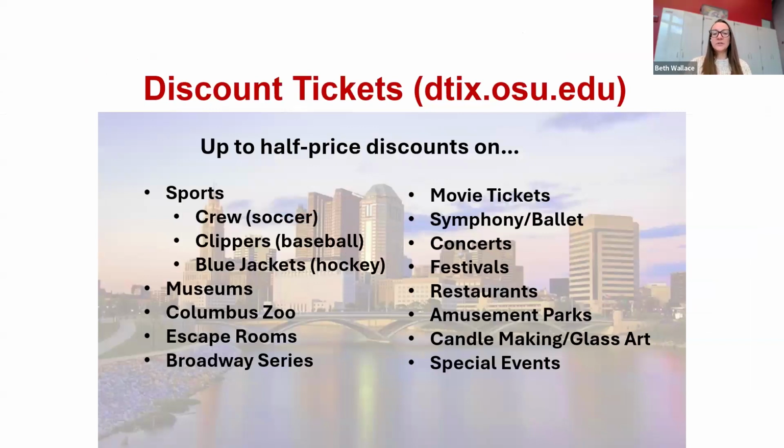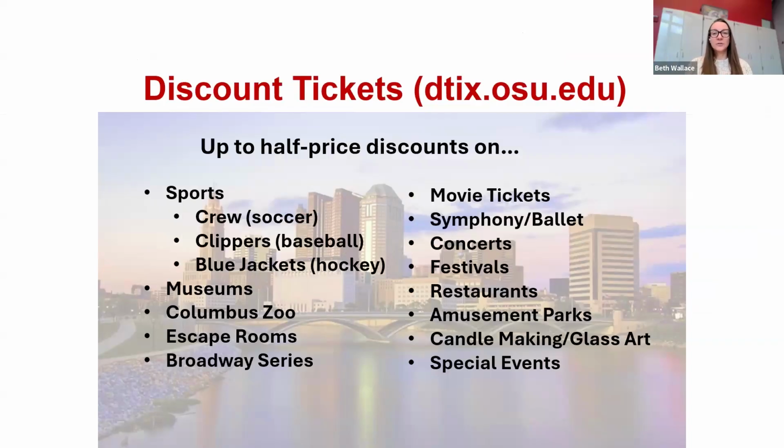We always like to let students know that if you are from the area, or if you are not from Columbus but you're interested in exploring Columbus, we have so many things. We're the 14th largest city in the country, which might overwhelm people, but I want to let you know that the cost of some of these events on the screen are particularly high for maybe someone in the community. For students, we have something called discount tickets, or DTIX, and you get extremely awesome discounts on a lot of these activities.